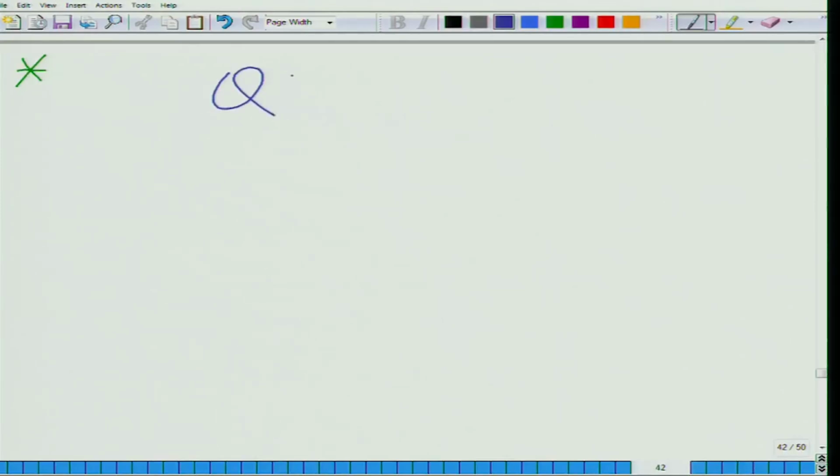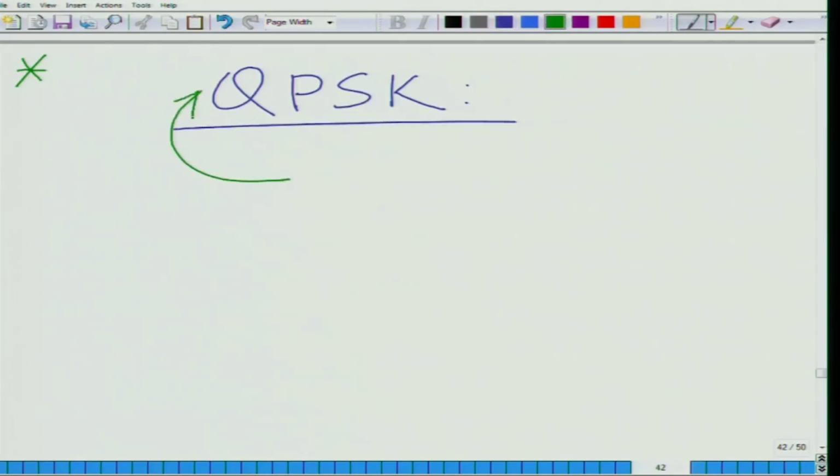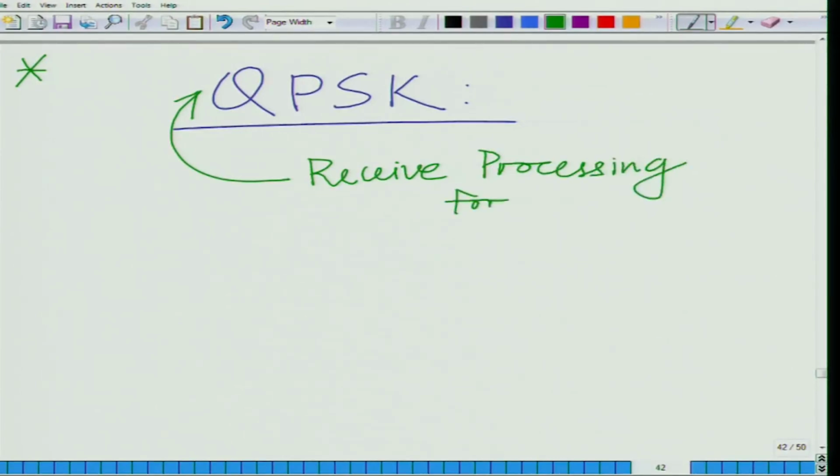We will continue our discussion on QPSK, that is quadrature phase shift keying. We want to look at the receive processing, or the processing at the receiver for QPSK.